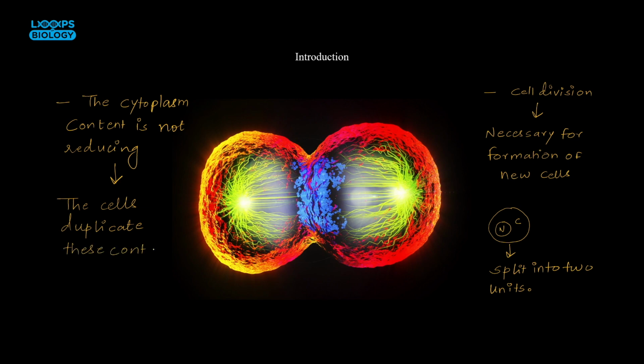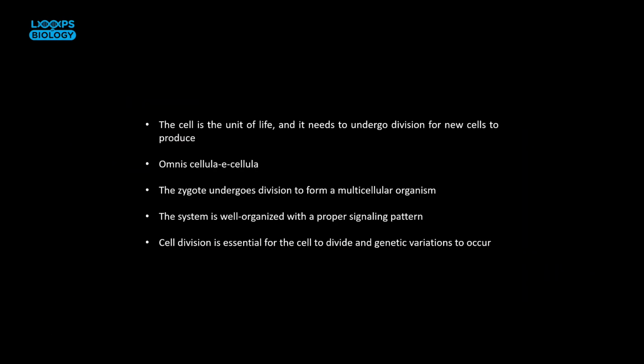All right. So let's move to the next part, that is the cell is unit of life. We have seen that along with its detailed analysis and its need to undergo division for new cells to produce. Obviously, whenever the reproduction, which is a fundamental unit of life, is basically seen, so in that particular case, during reproduction, the cell has to divide so that new cells are going to form.